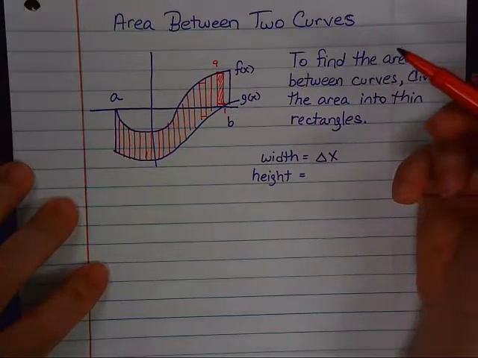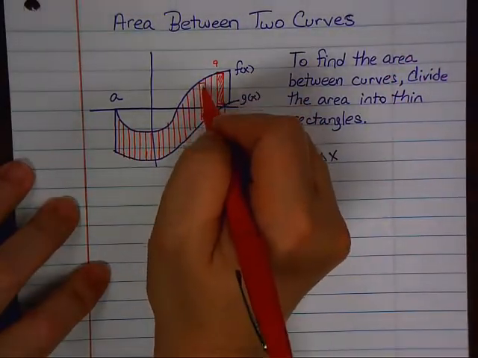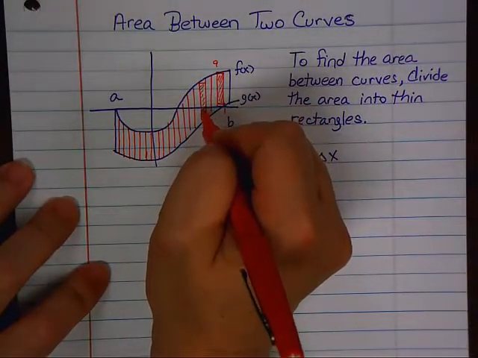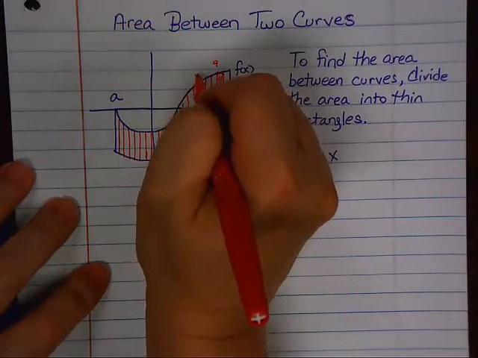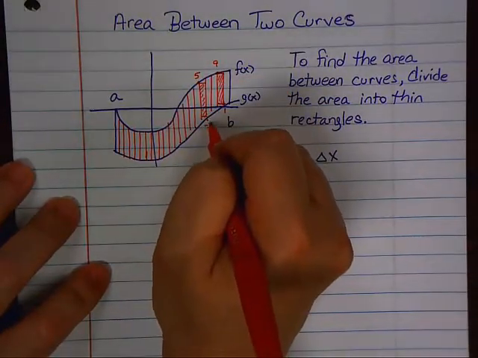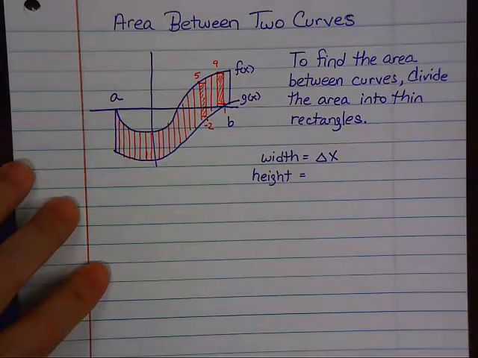That sounds like a good theory. Will that work if part of the rectangle is in quadrant 1 and the other part is in quadrant 4? Will f of x minus g of x still work? Let's say that this is 5 and this is negative 2. If you subtract those two, will that still give you how tall the rectangle is? 5 minus negative 2, does that work? Yes, it does.